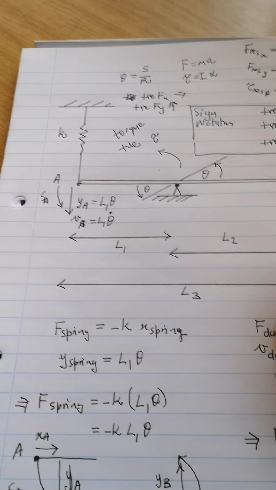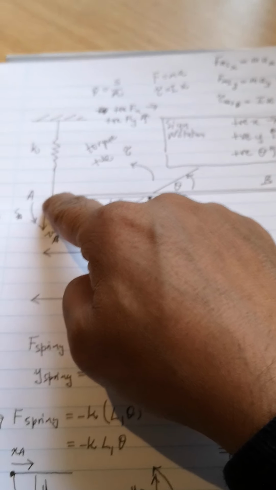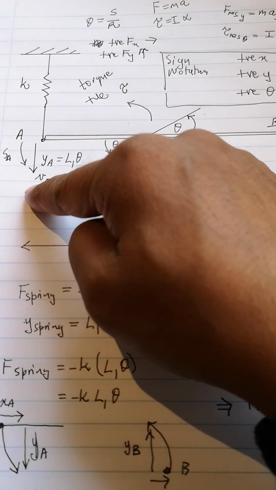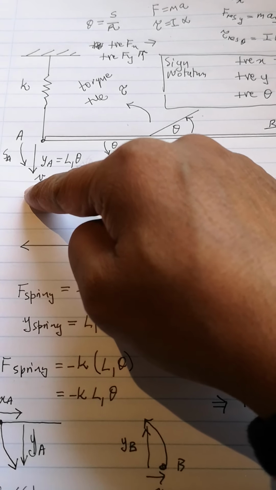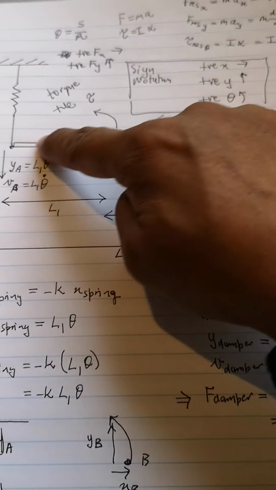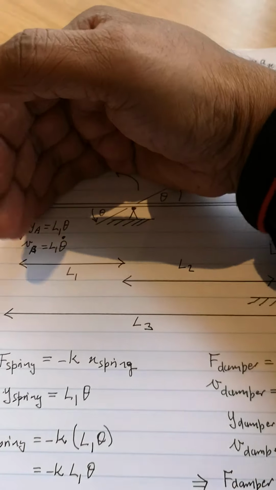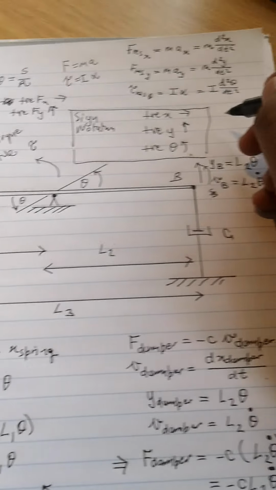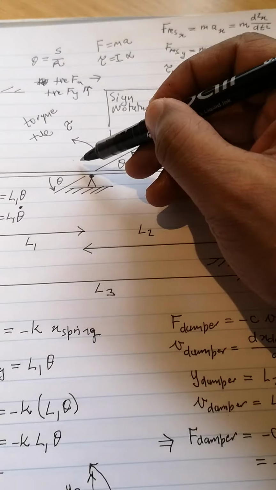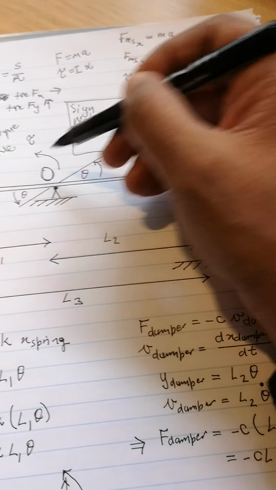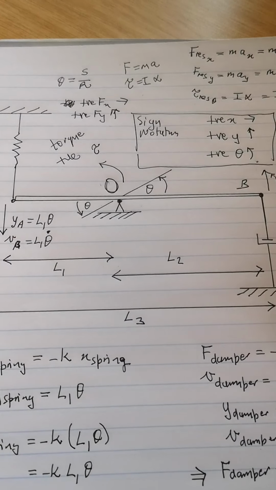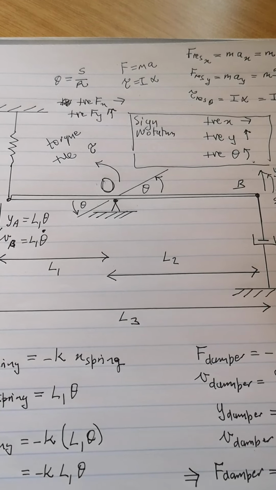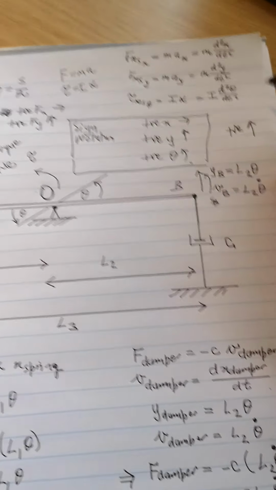Let's look at it this way. If the force is going positive in a downwards direction and I multiply it by this distance, that means the torque would be going anti-clockwise. So in this case, on the right hand side of the point O, the point of the pivot, positive forces would be going upwards.